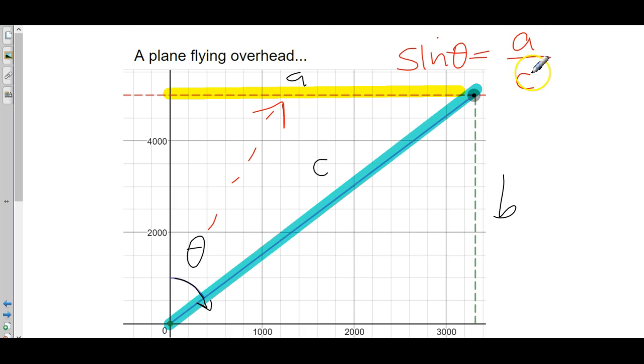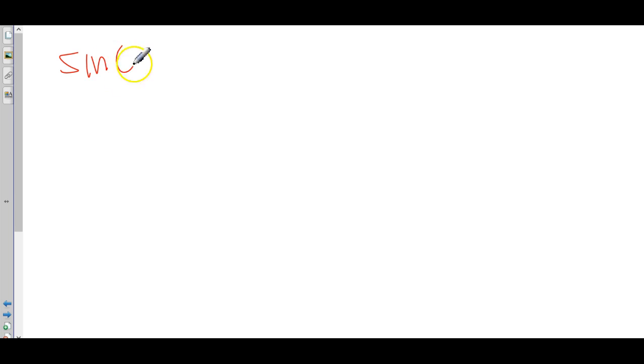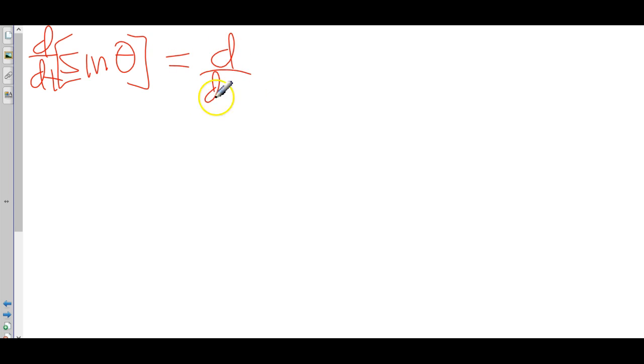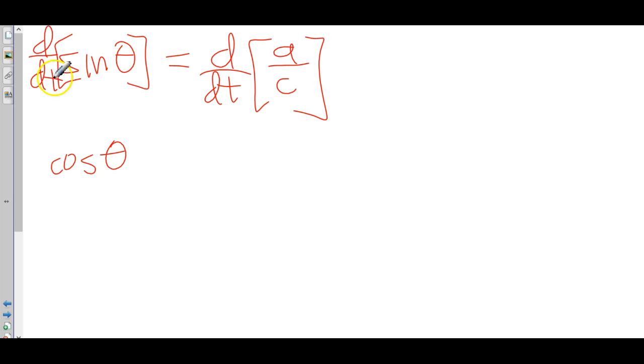And I need to do the same thing: the derivative with respect to time on the left and the right. So the sine of theta, I take the derivative of that with respect to t, and then the derivative with respect to t of A over C. What's the derivative of sine? The derivative of sine is cosine theta, but I have to chain on the derivative d theta dt.